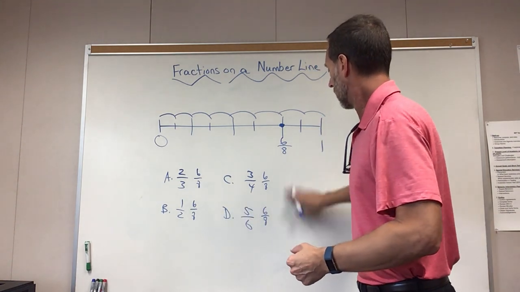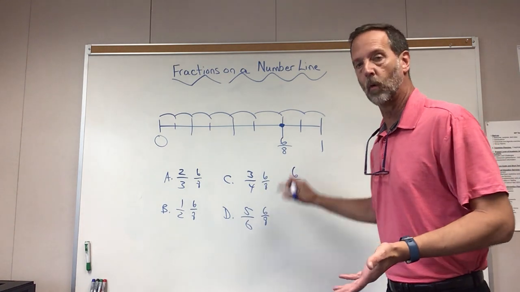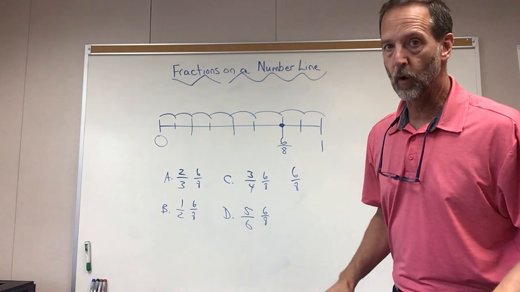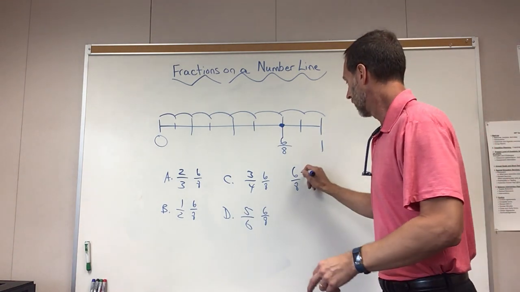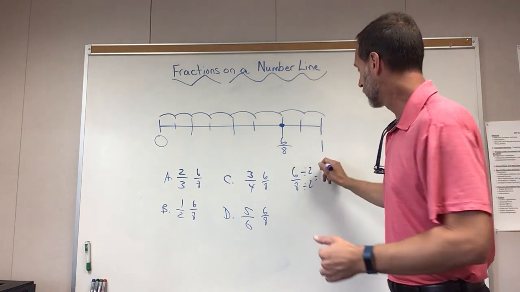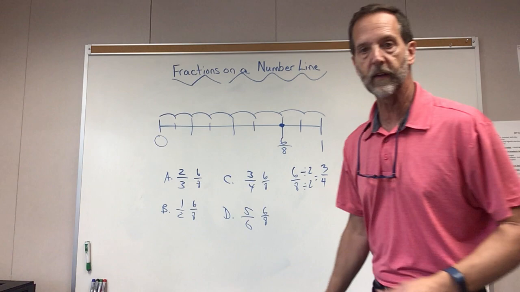Or we can divide 6/8 by the same number. What's a number I can divide both of these numbers by? I can divide them both by 2. 6 divided by 2 is 3. 8 divided by 2 is 4, and it should be 3/4.